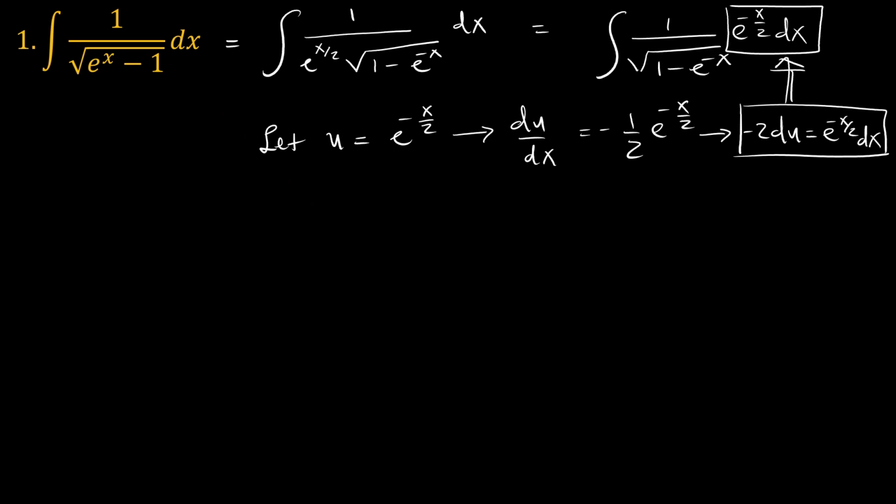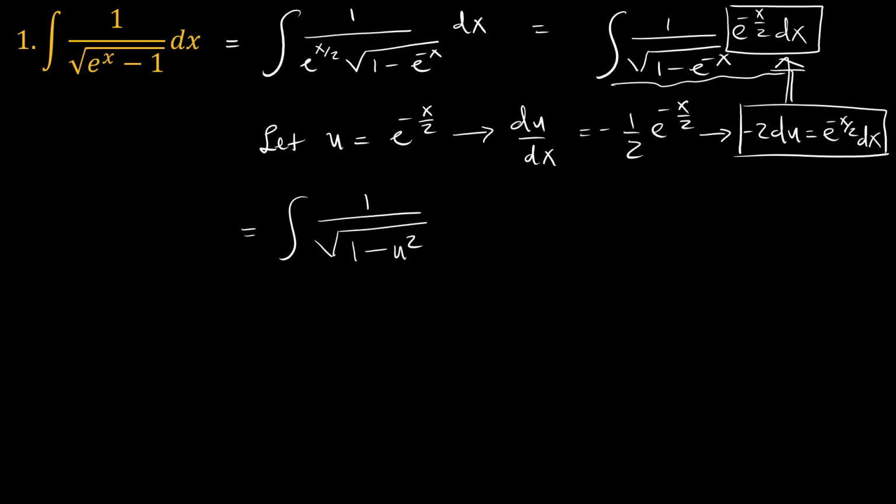So the next thing is, in the u domain, our problem becomes the integral of 1 over square root of 1 minus u squared, because e to the power negative x over 2 squared is the same as e to the power negative x.